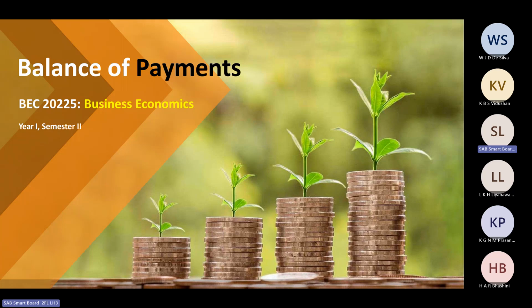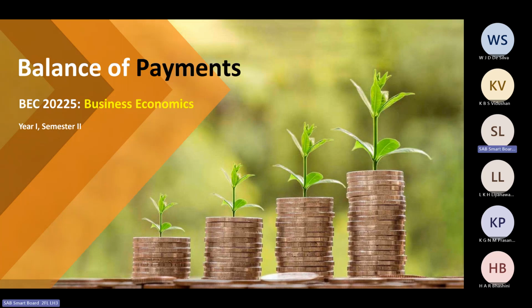Regarding the demand, this market does not have a direct demand. That means foreign currency does not have a direct demand. What kind of demand does it have? For foreign currency we call it derived demand. Why?